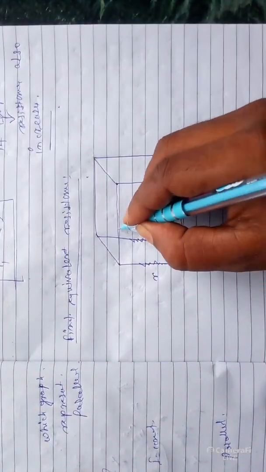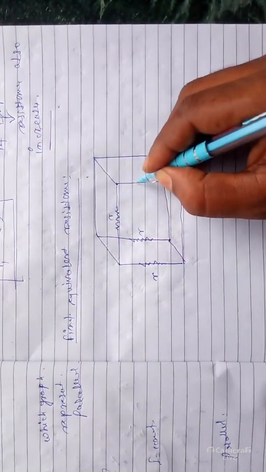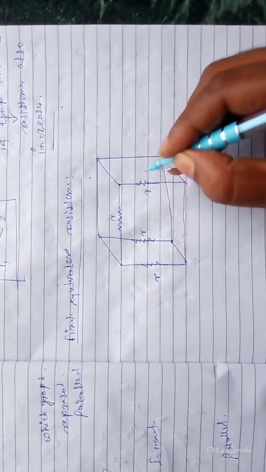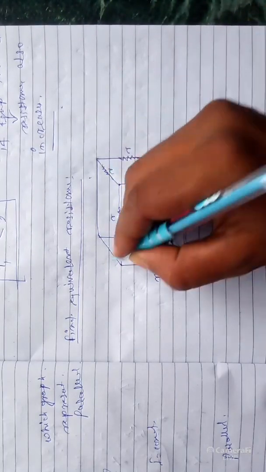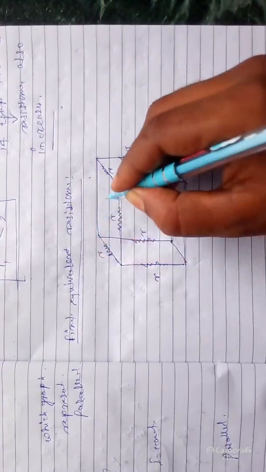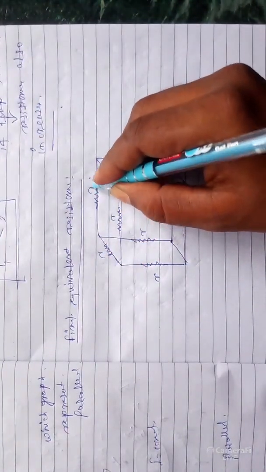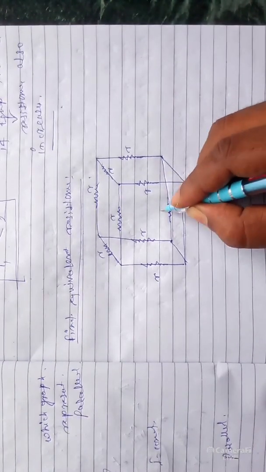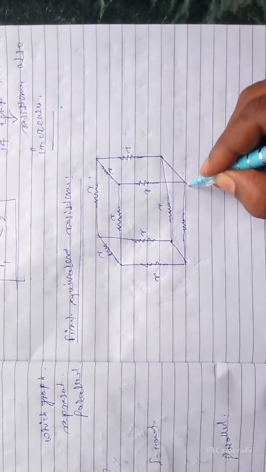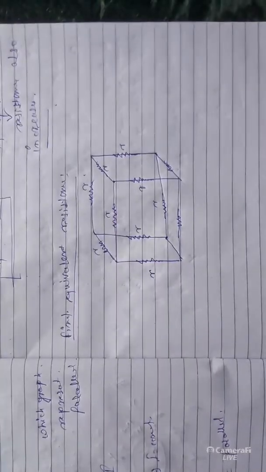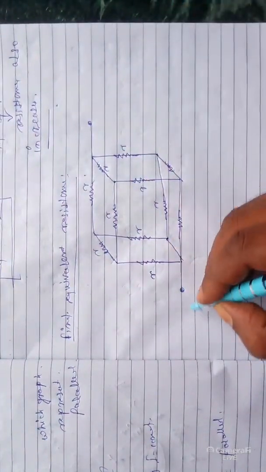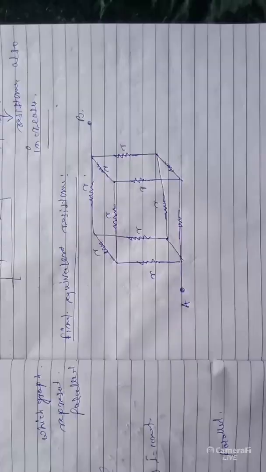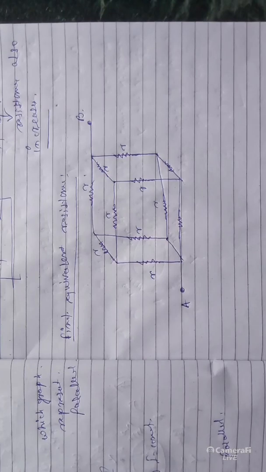In each branch, the resistance is r. And you have to find the equivalent resistance between the points A and B. What will be the value of equivalent resistance between the points A and B?